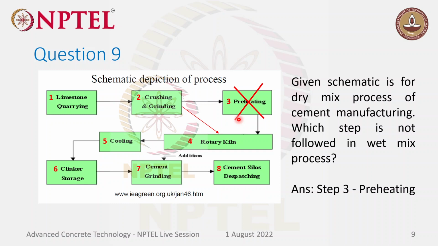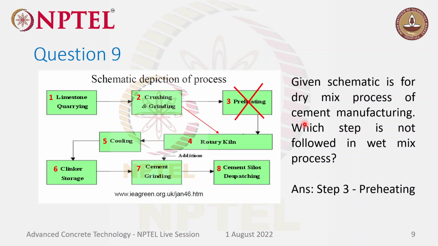I was explaining something, but I missed out in the middle. Generally we need more energy to remove the moisture added while wet mixing, so that process is not preferred mostly.